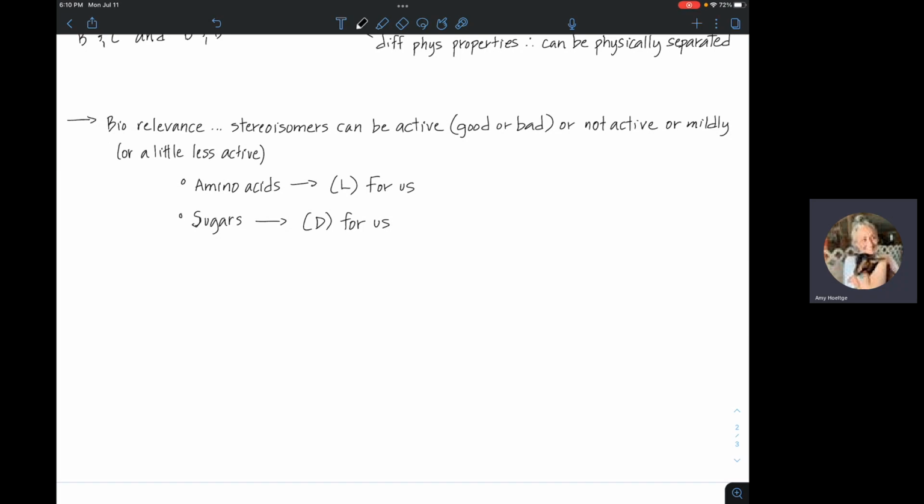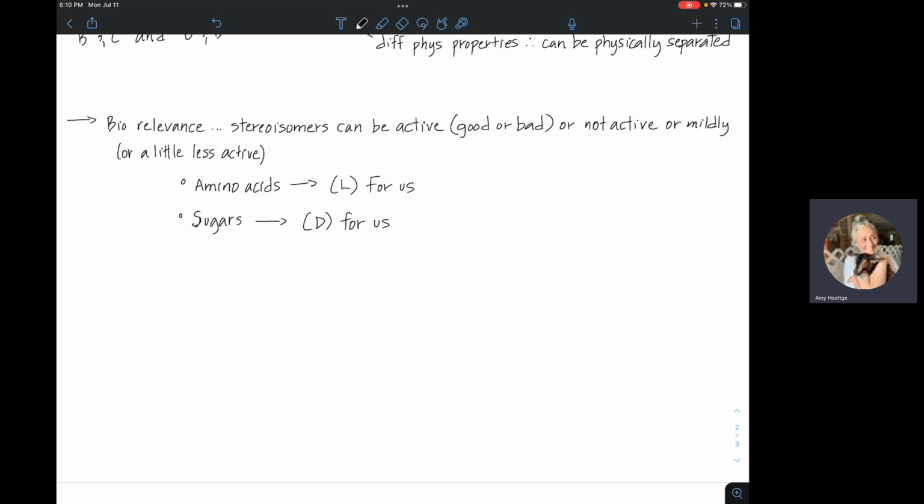If it's an amino acid, your body won't recognize D. Nothing bad happens, you'll just excrete it, but you're really only getting a certain percentage. If you turn the bottle around, they should tell you the ratio of one to the other. If it's a 50-50 mix, then you might as well buy the more expensive one, right? If it's just double the price.